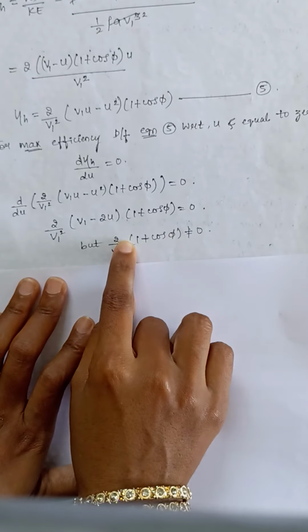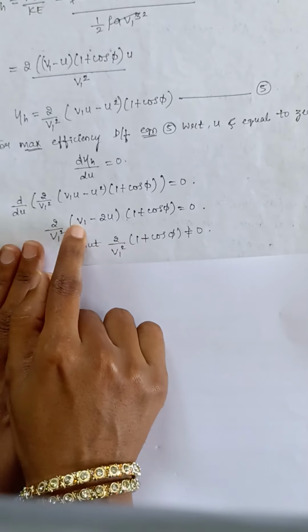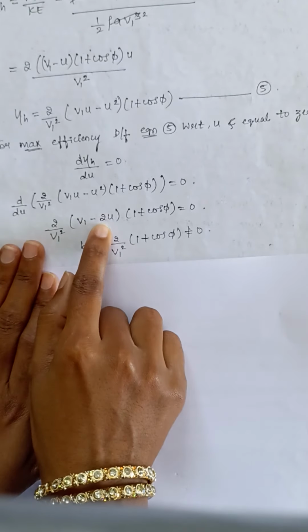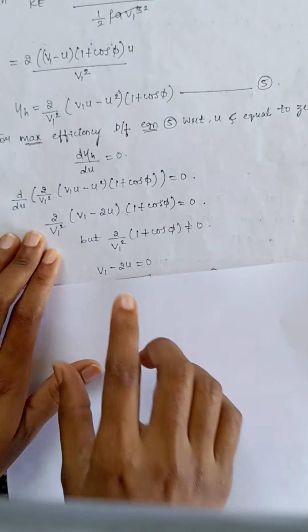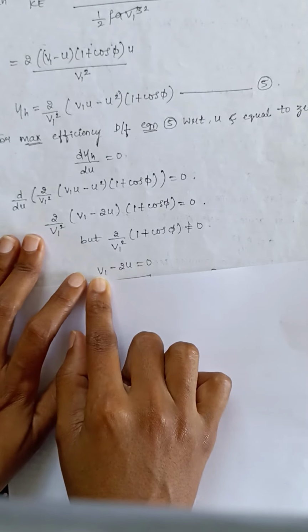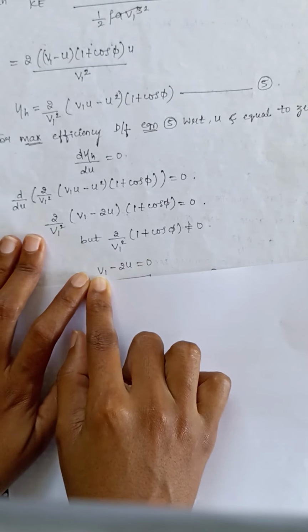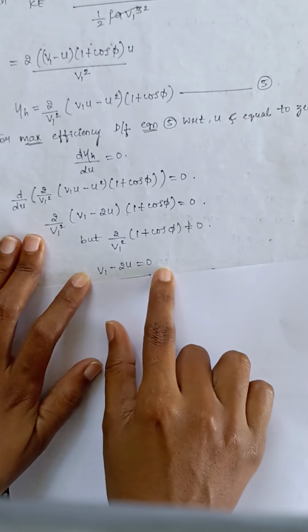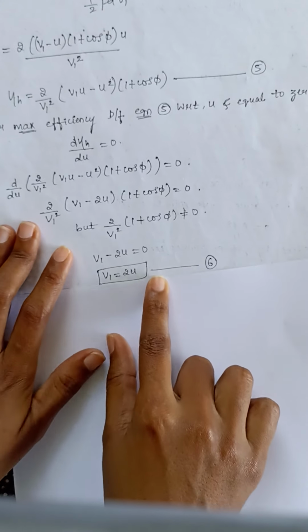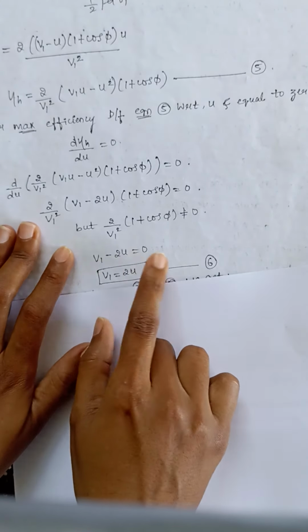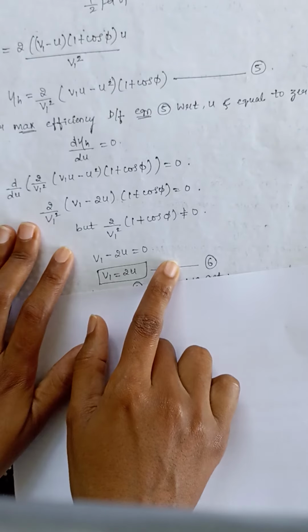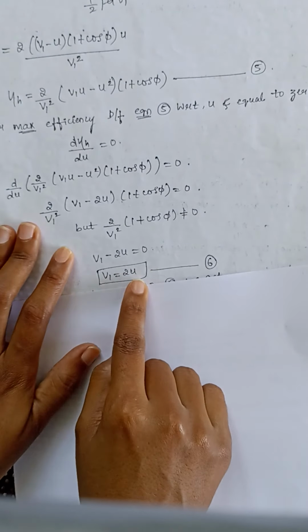If this is not 0, then what will become 0? We can take V1 minus 2U as 0. So, let us take the second term of our equation and equate it to 0, that is V1 minus 2U is equal to 0. On simplifying this, if I bring minus 2U to the other side, it becomes plus 2U. Hence, the value of V1 will be equal to 2U.